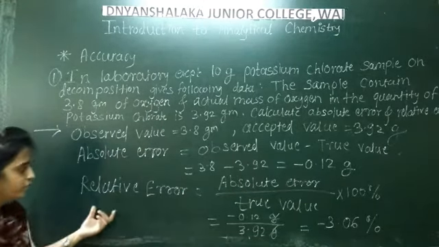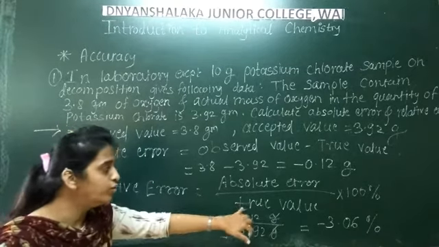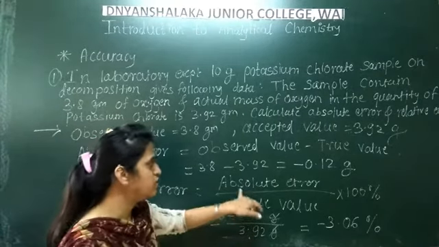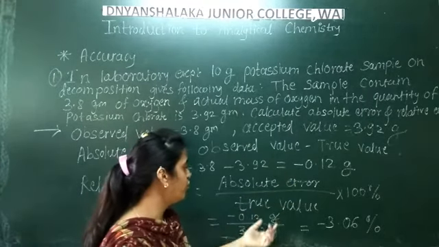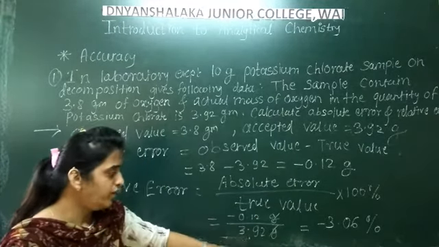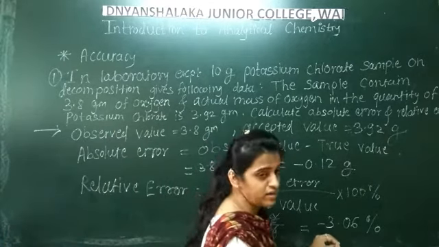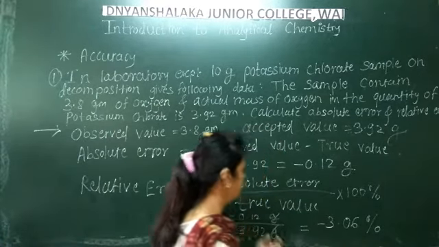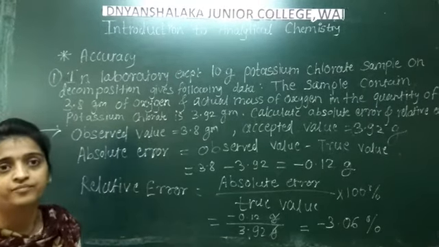Next we find out relative error. Relative error formula is absolute error upon true value into 100%. So absolute error is minus 0.12 gram upon true value 3.92 gram. On dividing these two values we get minus 3.06%, which is the relative error.